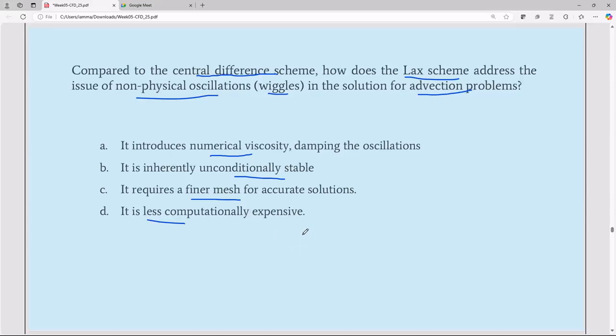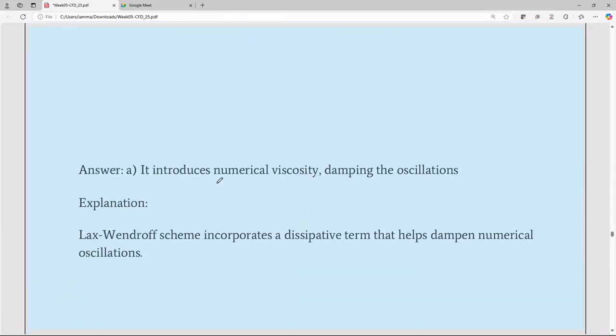So our answer is option A, that it introduces numerical viscosity. It is like artificial numerical viscosity, and is called numerical diffusion. This is actually a negative trait because it can't capture the sharp gradient or sharp change in the value of the transported property.